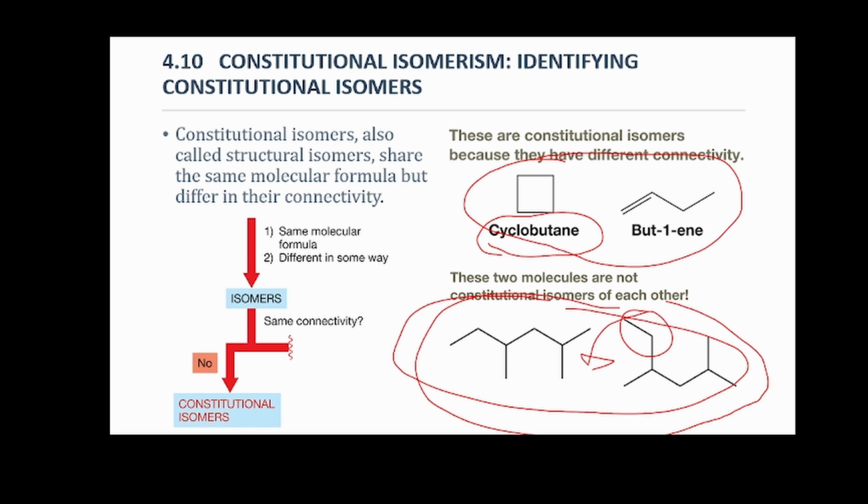You've just rotated them to look slightly different. This is probably the big mistake that you're going to make, the most common mistake other than just not knowing anything about it at all.